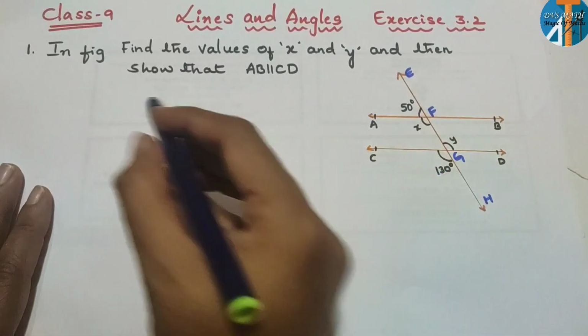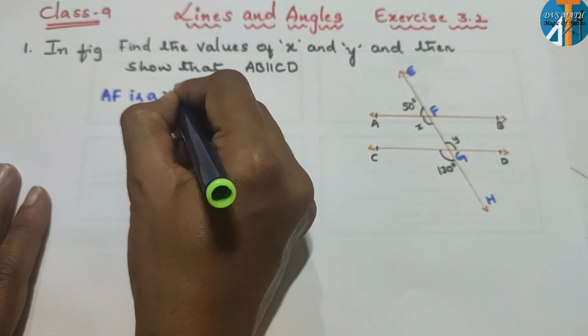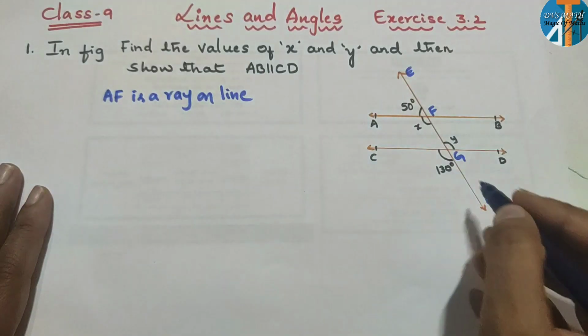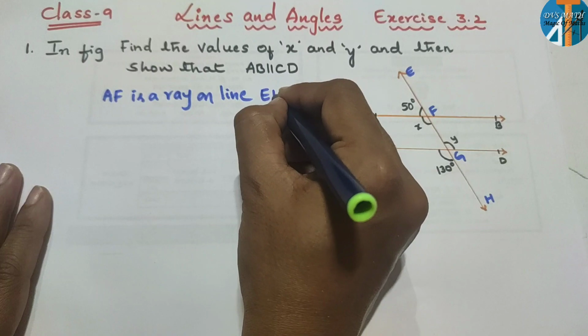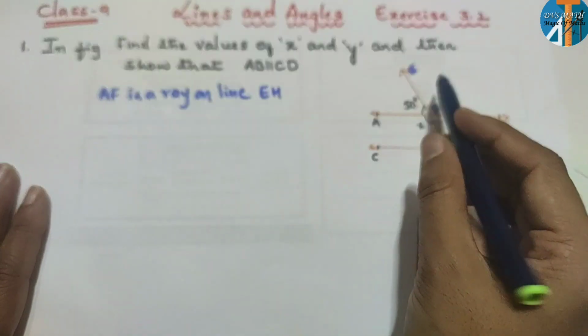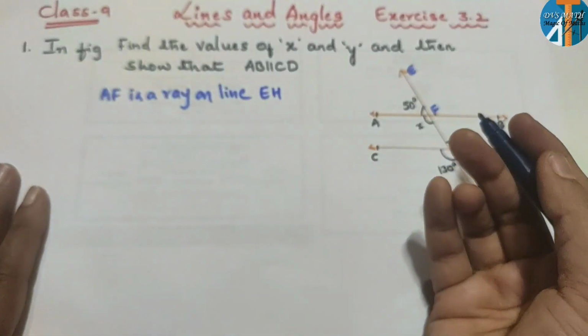Here you can write, AF is a ray on the line EH. It seems like 50 degrees. So which are the two angles? EFA or AFE, anything we can take.